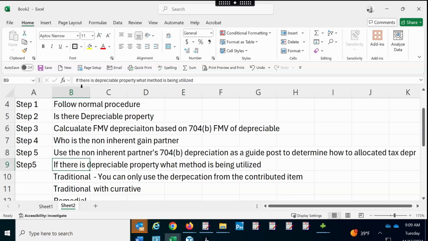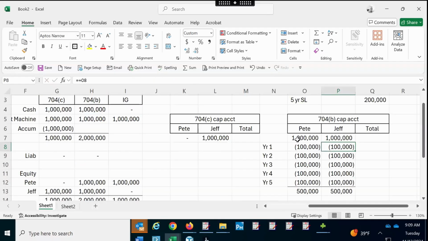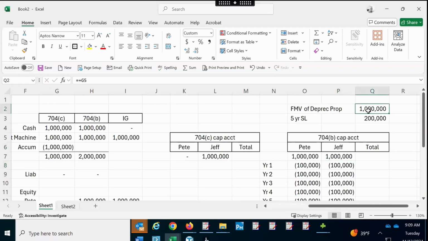Okay, so let's do this again. Follow normal procedure, which we agree what that is. Is there depreciable property? Yes. Calculate the fair market value depreciation, which is 100 each, which is the depreciable property that was contributed, divided by an agreed upon amount of time. You come to a fair market value depreciation that's available to Jeff and Pete.